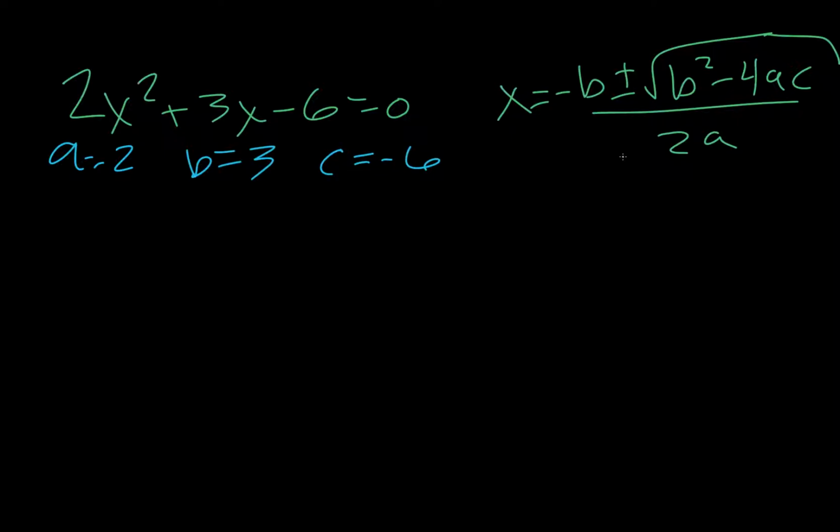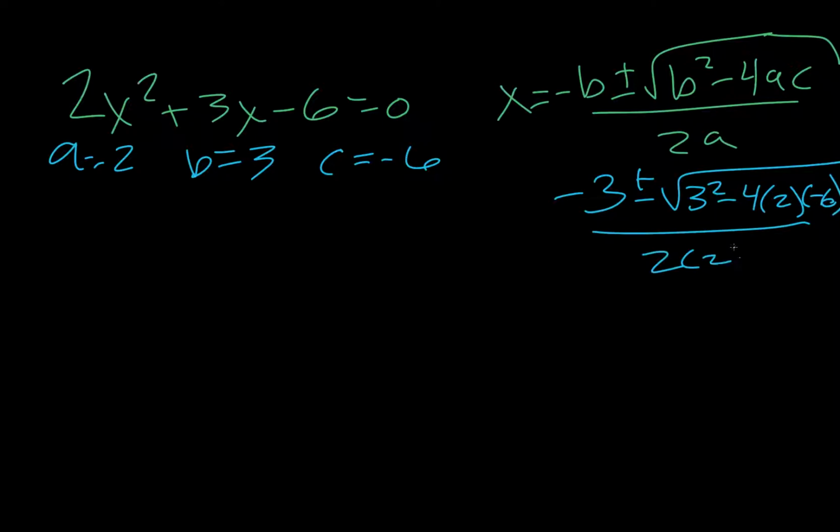Then we plug it in right here. So opposite of B, so we write a -3. It's positive here, but it's negative over here. 3 squared minus 4ac, that's a 6, and then 2a.